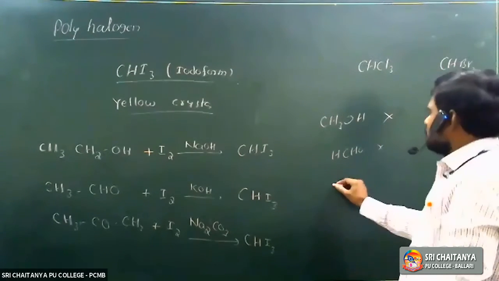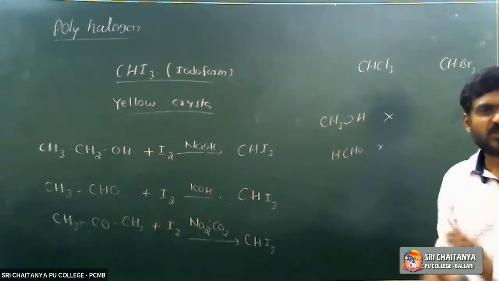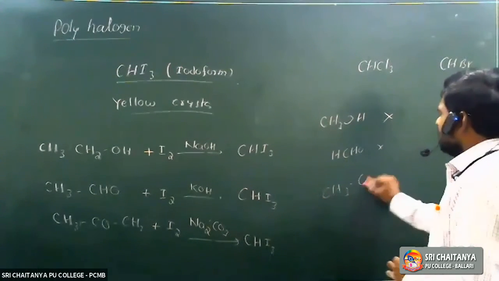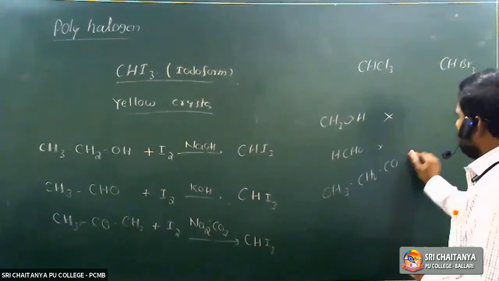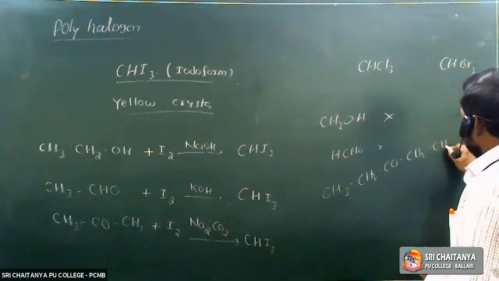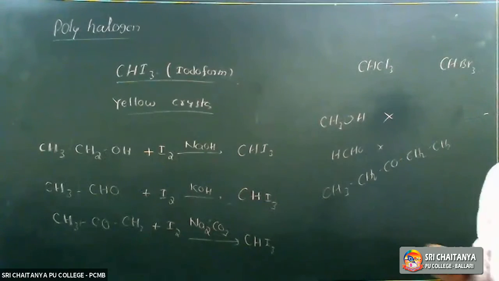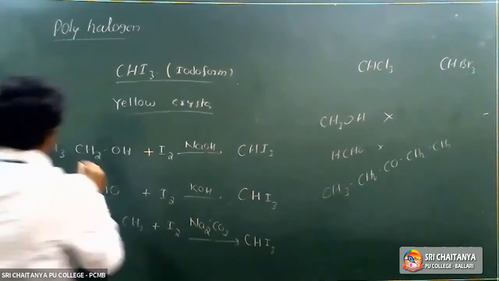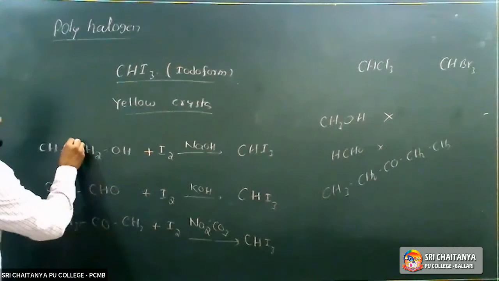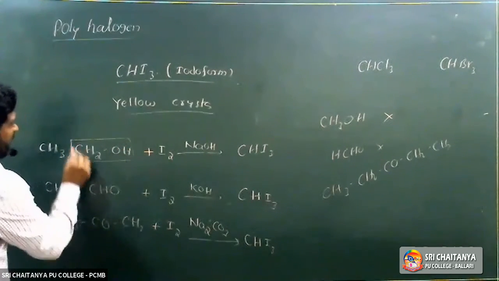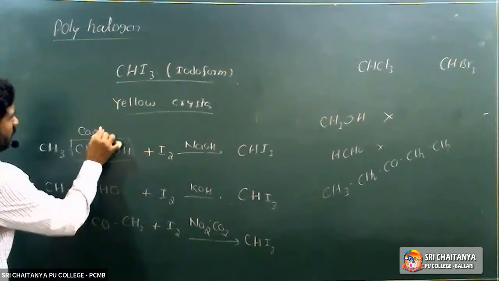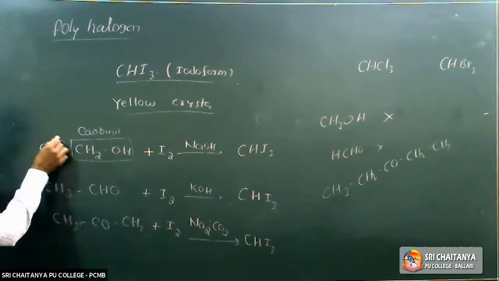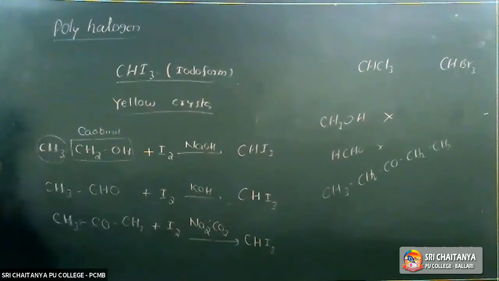Other ketones do not give the iodoform test, for example 2-pentanone, CH3CH2COCH2CH3. Not every alcohol or carbonyl compound gives the iodoform test. The OH is attached to a carbon, which is called carbinol, and this carbinol attached with methyl gives the iodoform test.